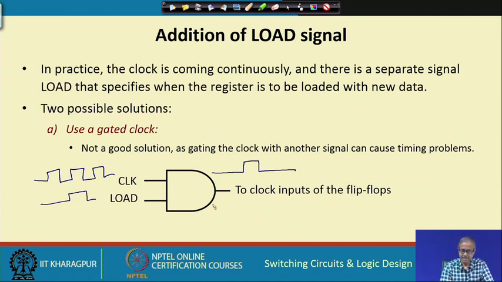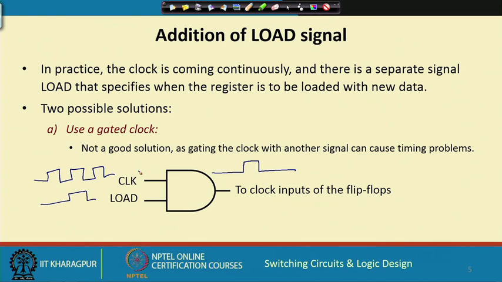Now, the issue is that this method may be very simple. You can simply use an AND gate to implement it, but the problem is whenever let us say this load and clock signals are changing at the same time, because you see load is a signal which you are applying from outside. So, accidentally it may happen that you are starting to change the load signal exactly when the clock edge is coming.